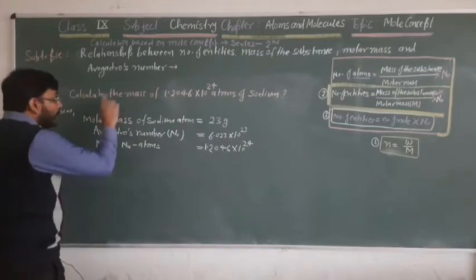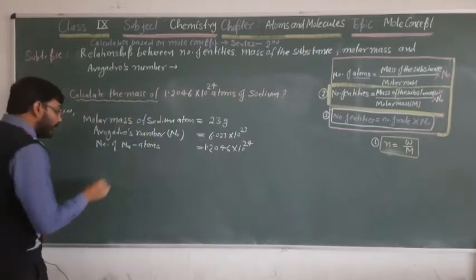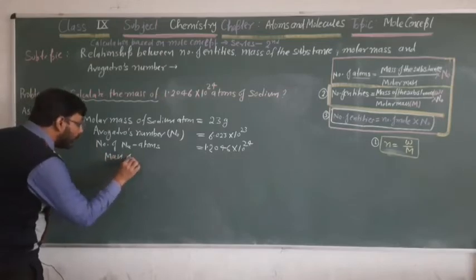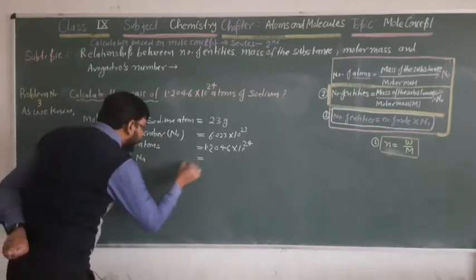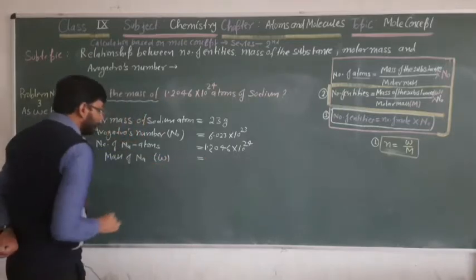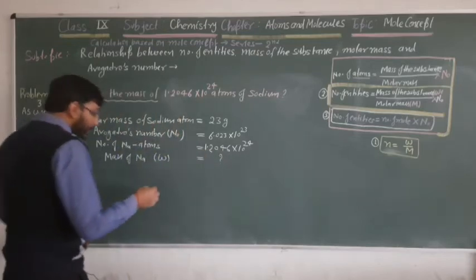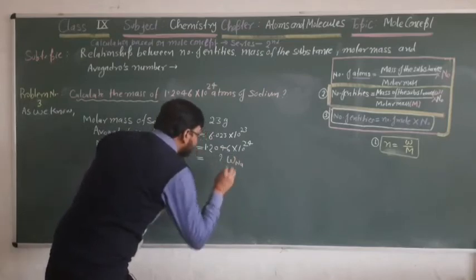Now according to the question we have to calculate the mass of sodium. So the mass of sodium we need to calculate, that is W, unknown. So we can let it be W Na.